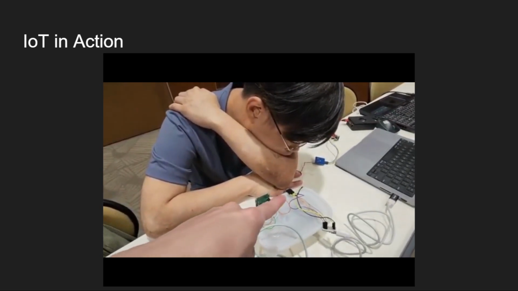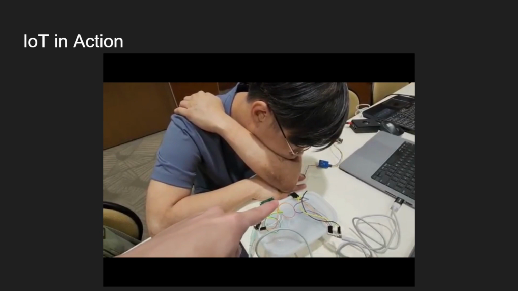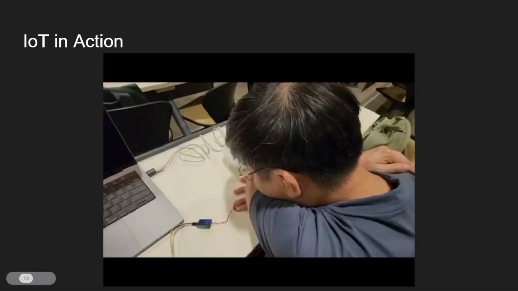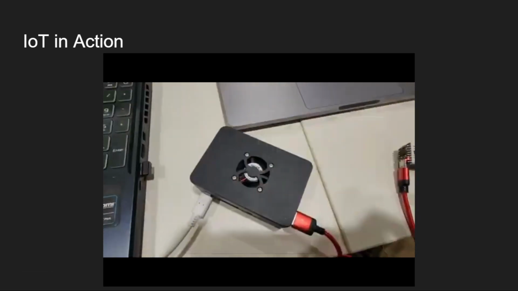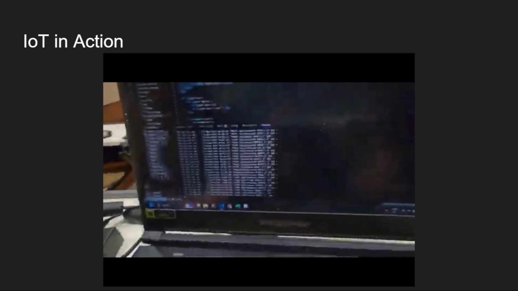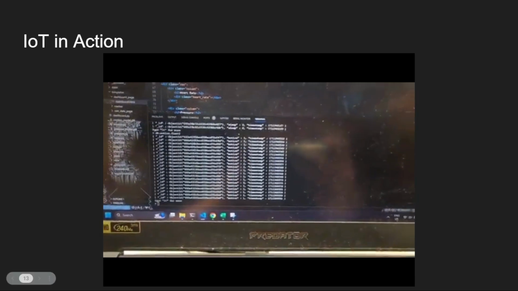These sensor data are sent via Wi-Fi to our Raspberry Pi. Over here we have our Raspberry Pi, which has received the data from our sensors. The serial monitor is now showing the data being received in real time.